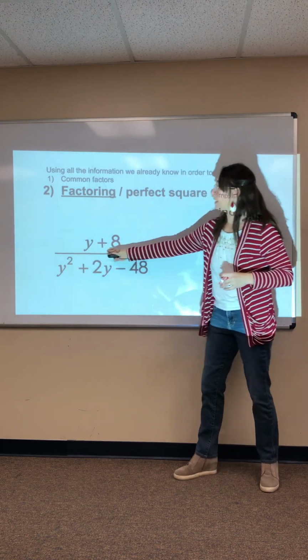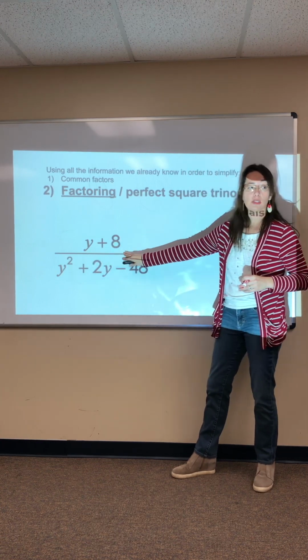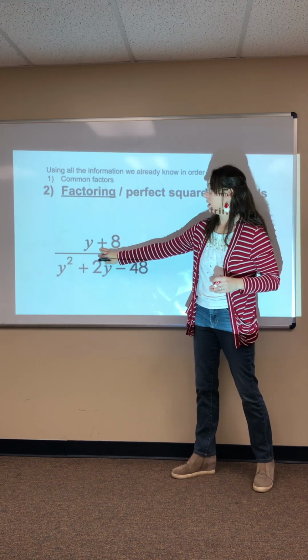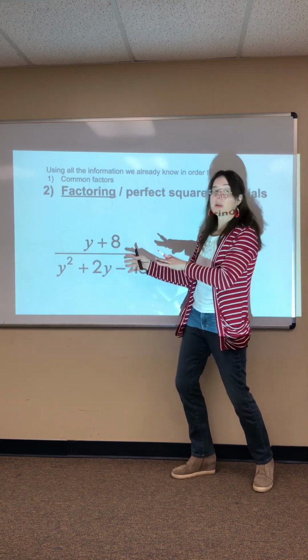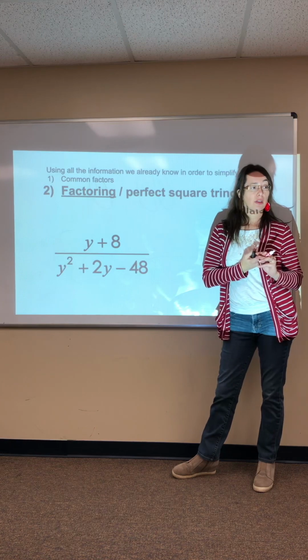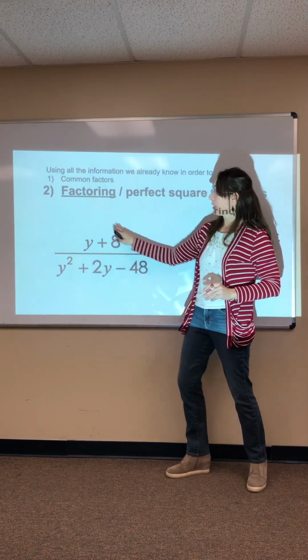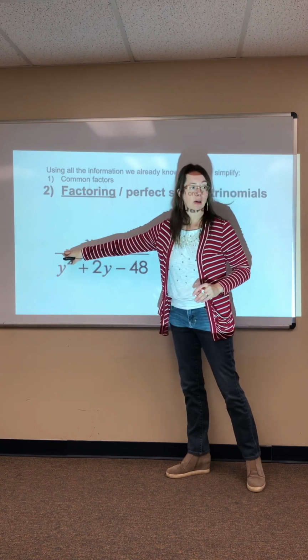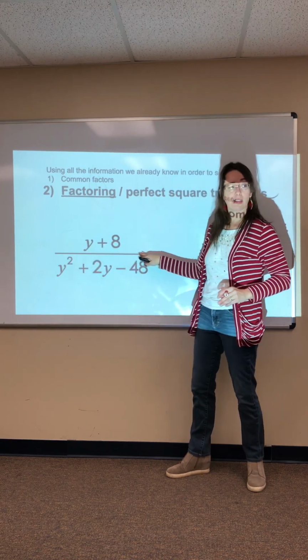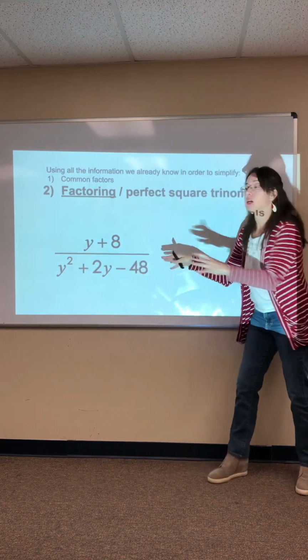Well, remember, this is attached, so we have a variable attached to a constant with addition. Okay, so if we're going to pull something out, it has to be by multiplication or division. So if I'm pulling something out of 8, I would also have to pull it out of the y. So do they have anything in common? No, they don't.